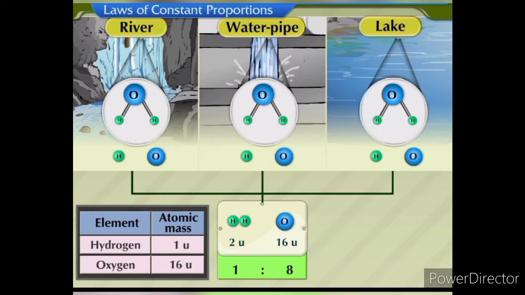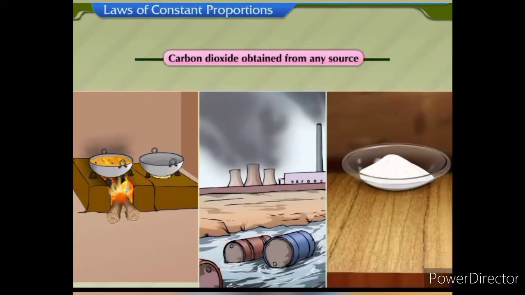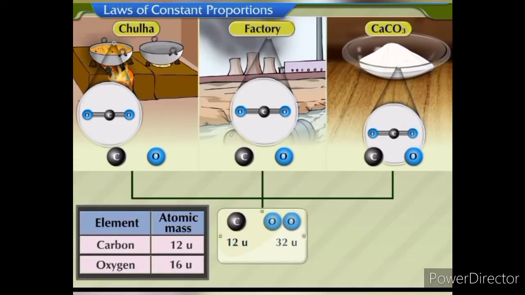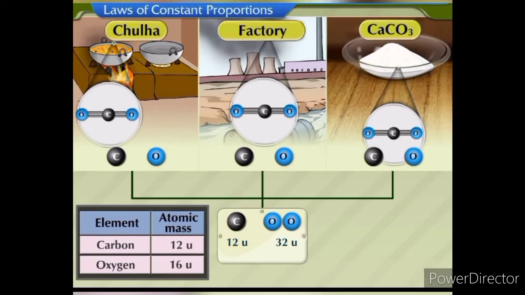This proportion will always remain the same irrespective of the source of water. Similarly, carbon dioxide obtained from any source will contain the same two elements, carbon and oxygen. Carbon dioxide obtained from any source will always have the proportion of carbon and oxygen as 3:8 by mass.